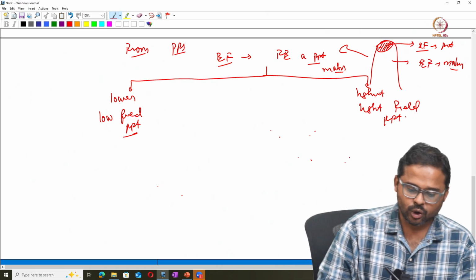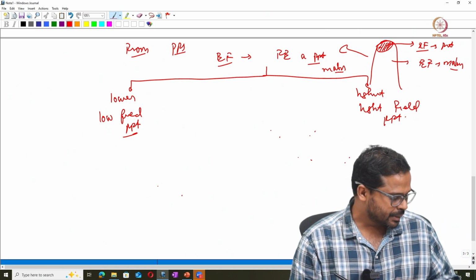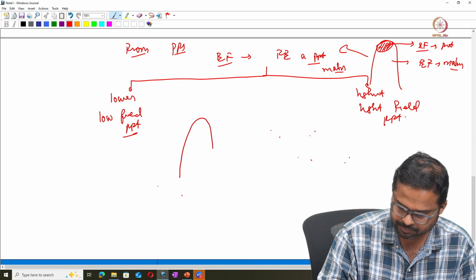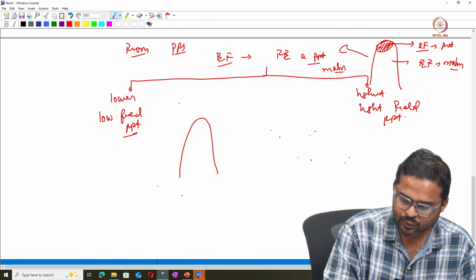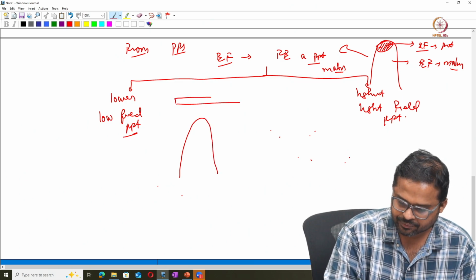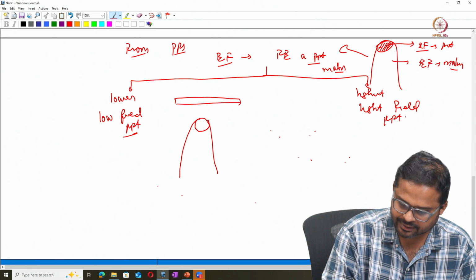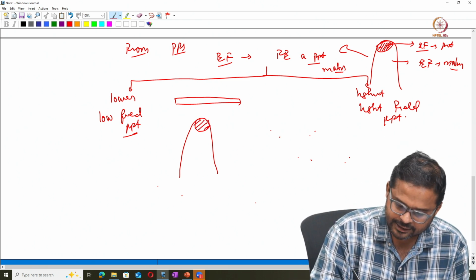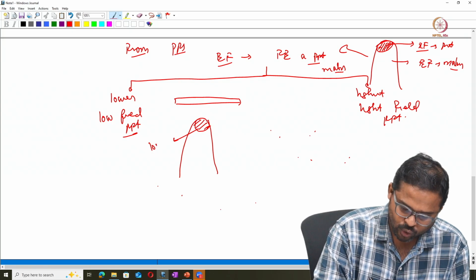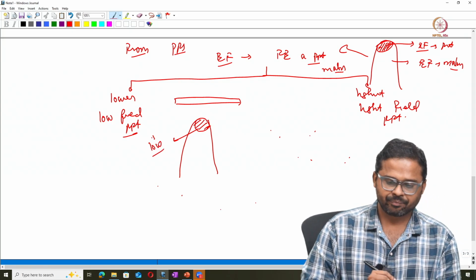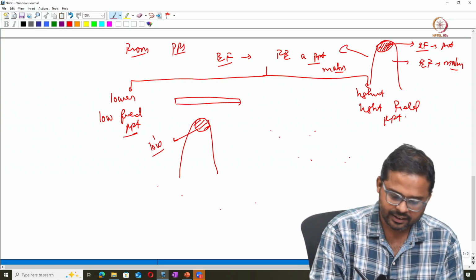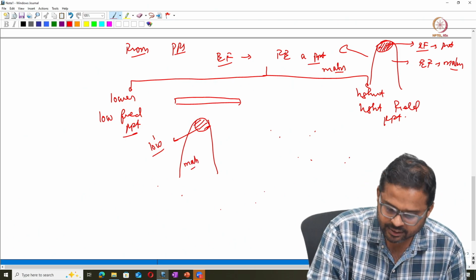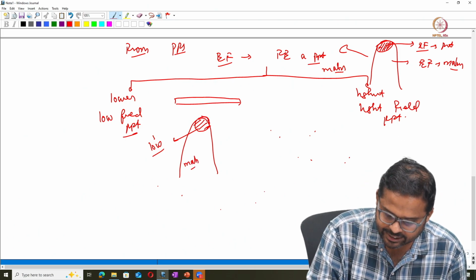Okay, so for a low field precipitate, if you have a needle specimen and a detector here, and the precipitate has a lower evaporation field than the matrix, then usually the curvature gets flattened.